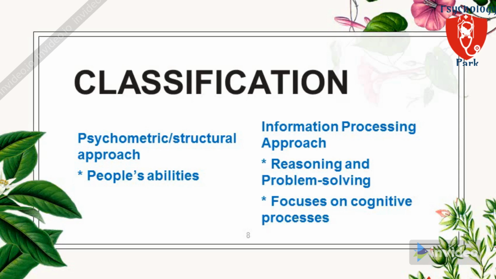Those processes are the focus of the information processing approach. The major focus of this approach is on how an intelligent person acts, rather than focusing on the structure of intelligence or its underlying dimensions. Information processing approach mainly emphasizes studying cognitive functions, like I mentioned, underlying intelligent behavior.